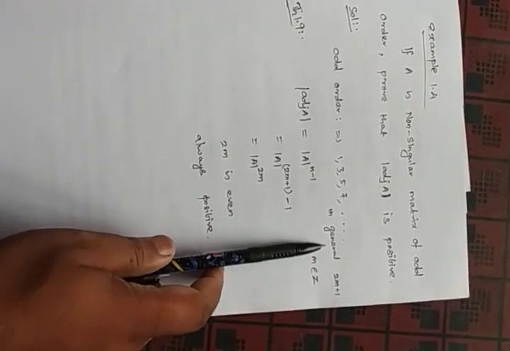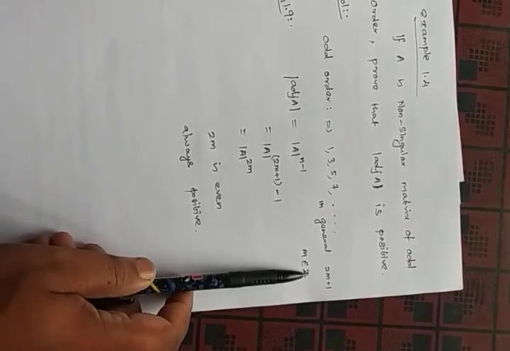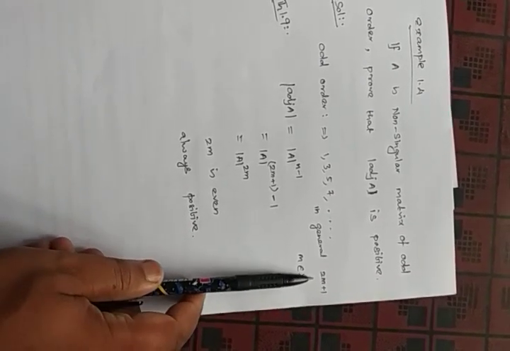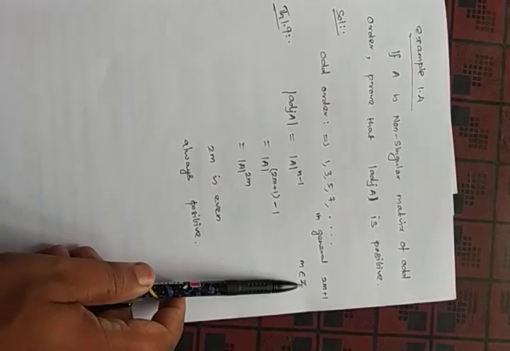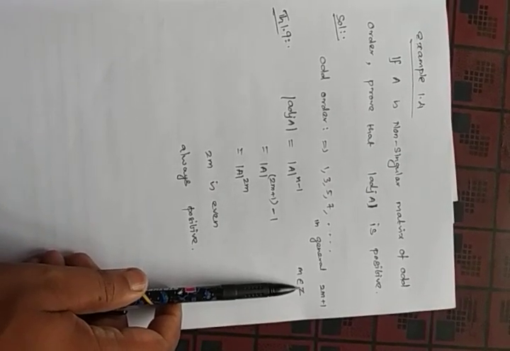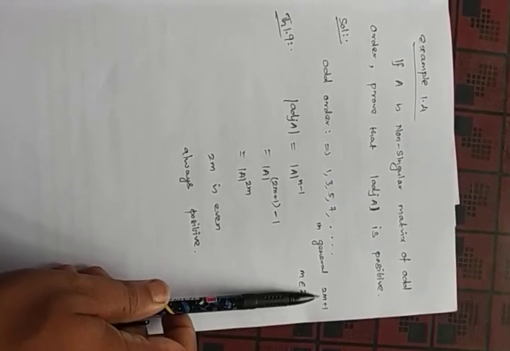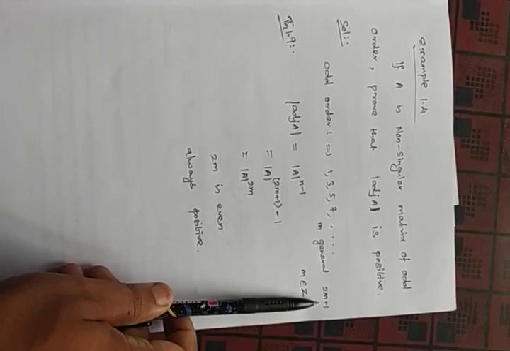In general, an odd number is 2m plus 1, where m belongs to Z. Z means integers, you know that integers are 0, 1, minus 1, 2, minus 2, likewise.